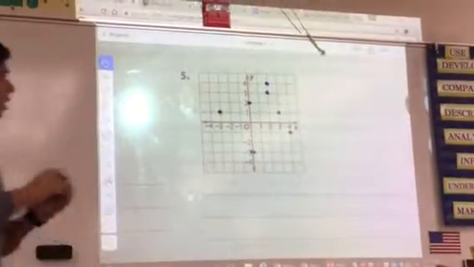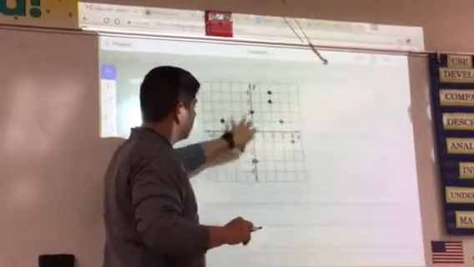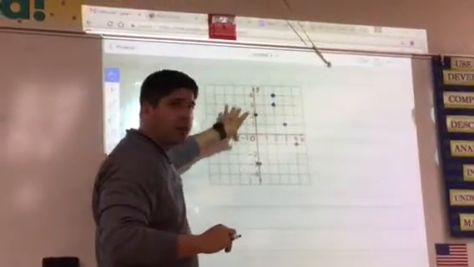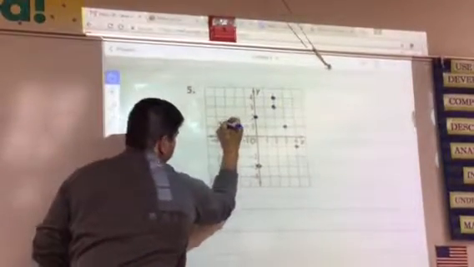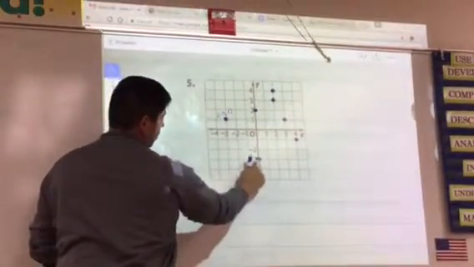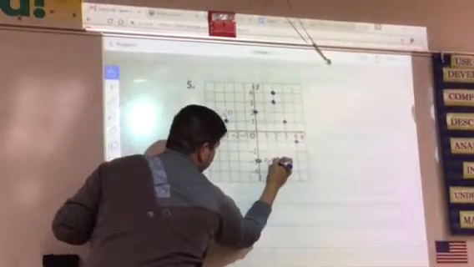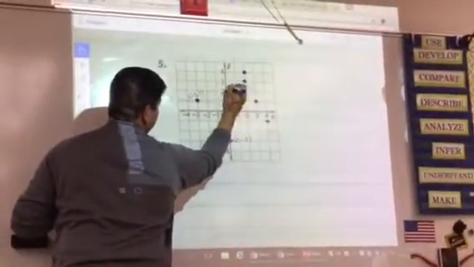There can only be one point for each x value, so all these x values have to be different. Like this x value is -3, 1. This x value is 0, -3. This one is 0, 2.